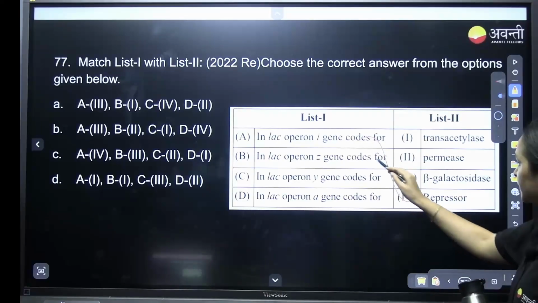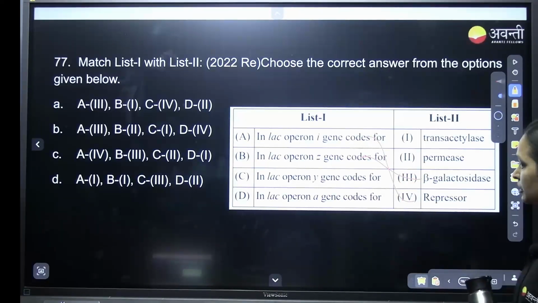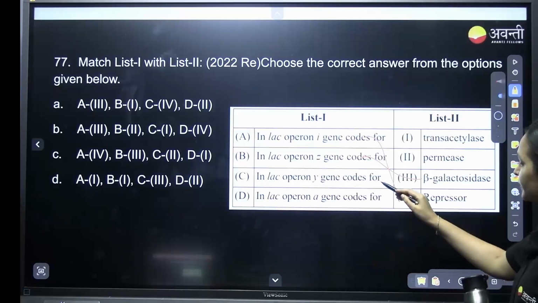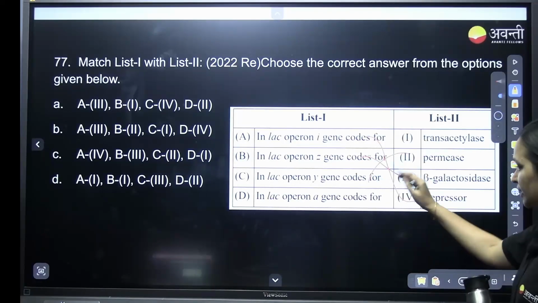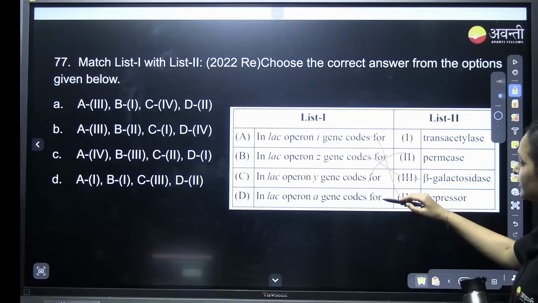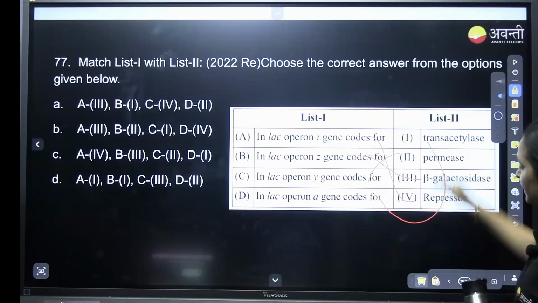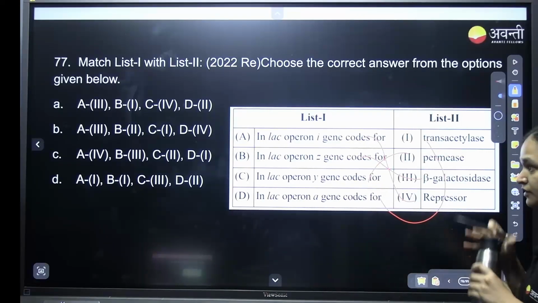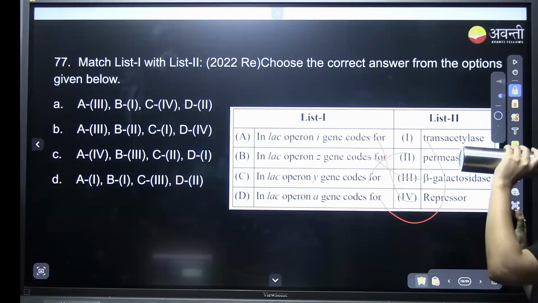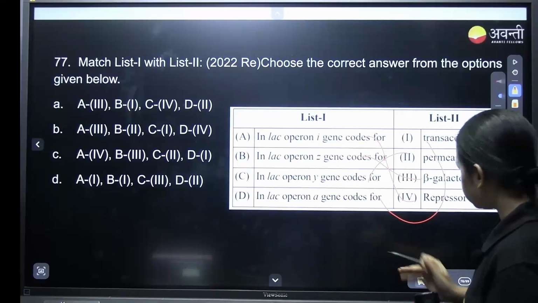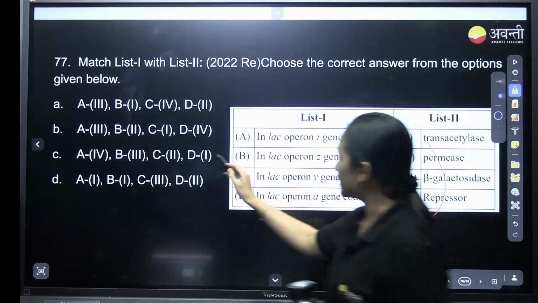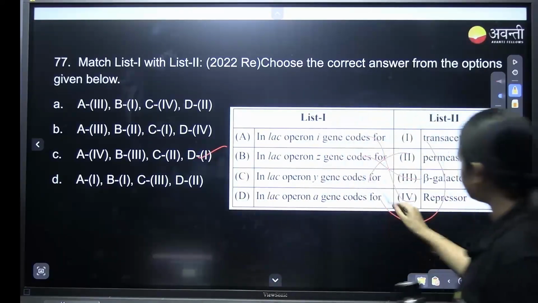Z: beta gal. Y: permease. A: transacetylase. Which one? D1. So C is the correct answer.